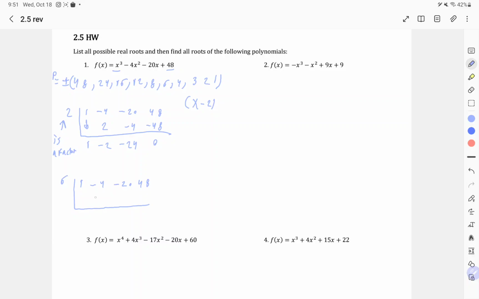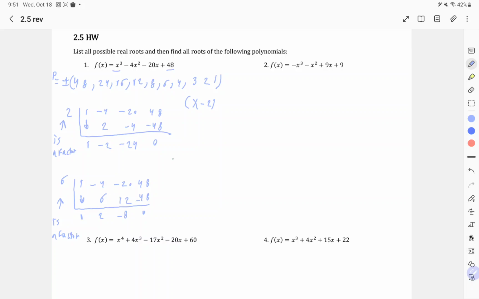Okay, let's get it. 1 goes down here, 1 times 6 is 6. We got 2. 2 times 6 is 12. Right, and then that is negative 8. Negative 8 times 6 is negative 48, that's 0. So this is also a factor.